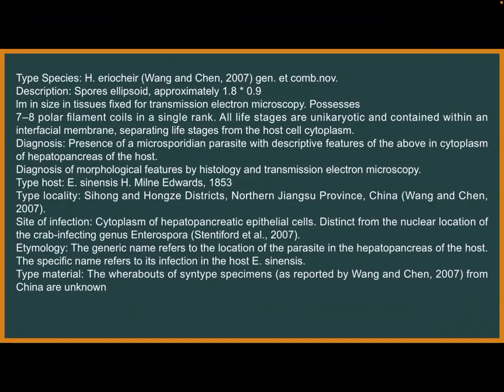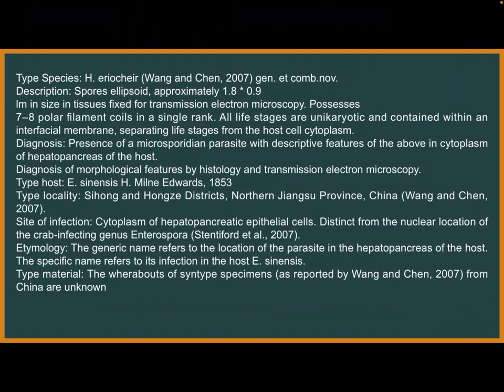The type of species in the image is H. eriocheir. It has ellipsoid spores approximately 1.8 by 0.9 micrometers in size in tissues fixed for transmission electron microscopy. It possesses 7 to 8 polar filament coils in a single rank.